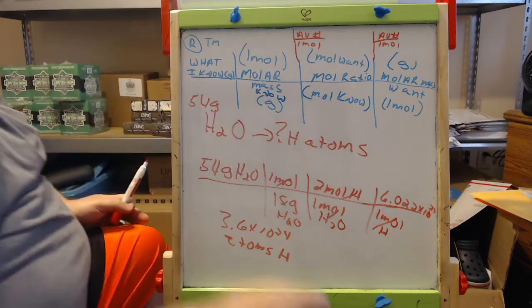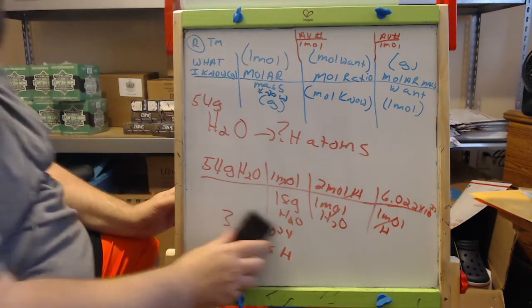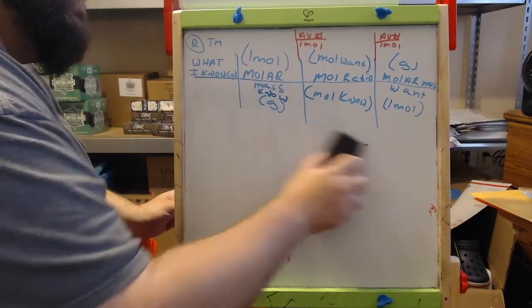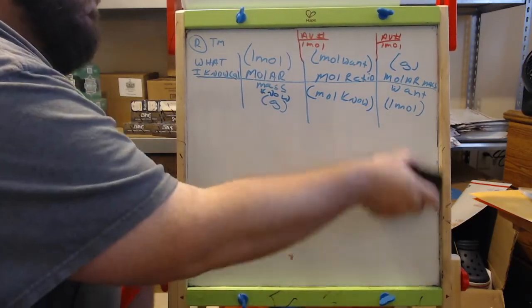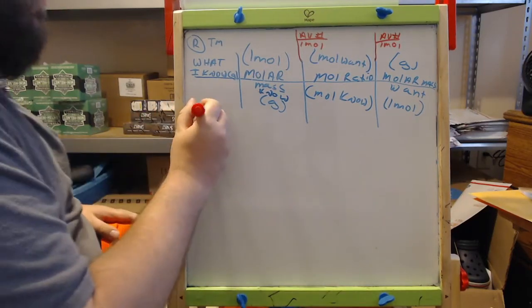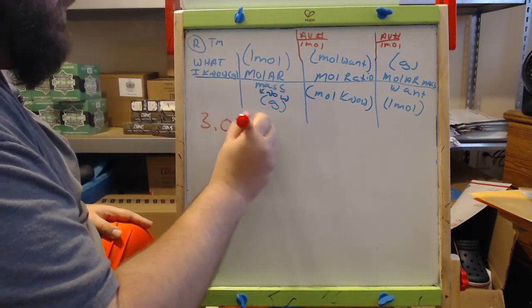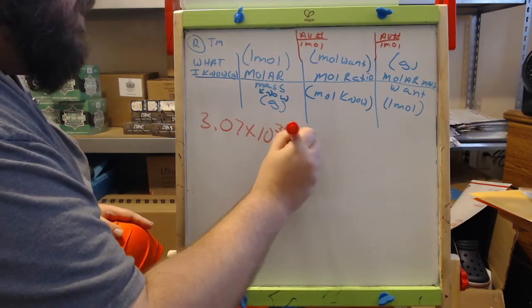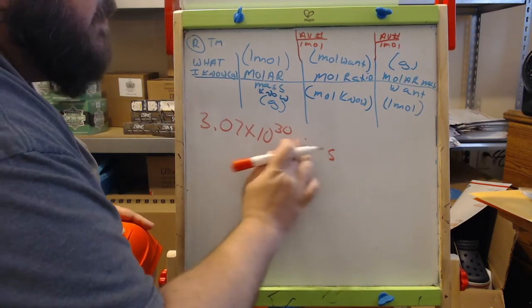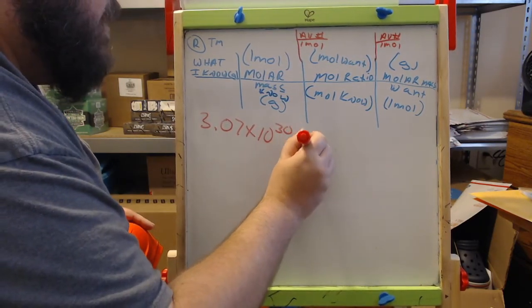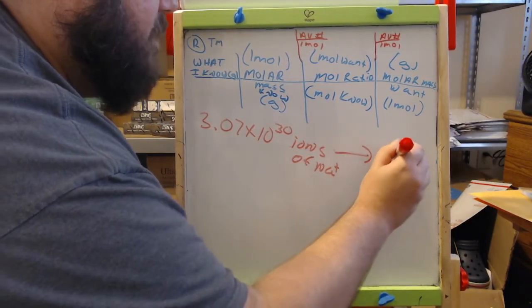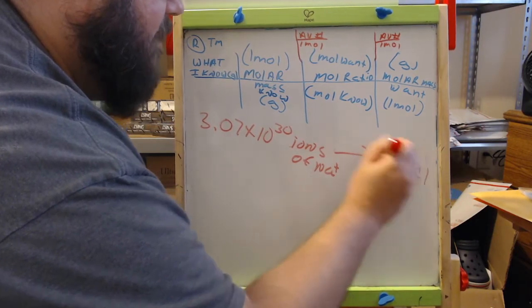All right. We can also start with the units and work backwards. Like if they said, hey, I have 3.07 times 10 to the 30th atoms of, or let's do ions, because we just did atoms, ions of sodium, and I want to know how many grams of sodium chloride I have.